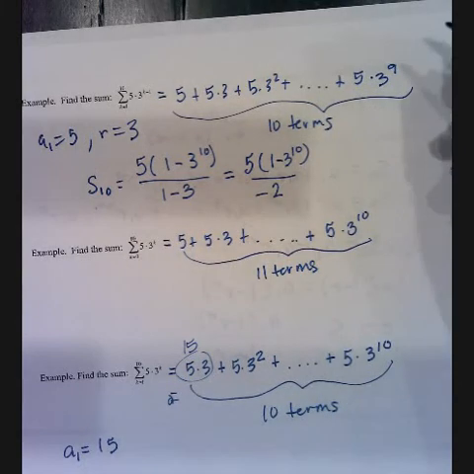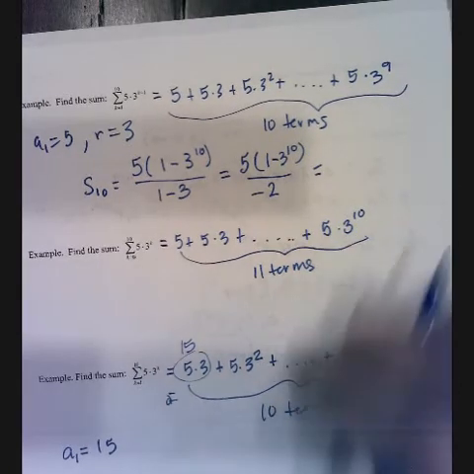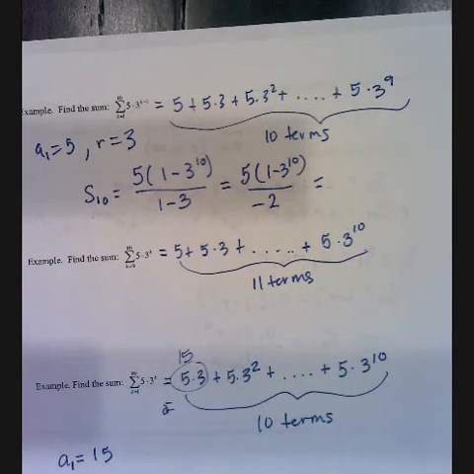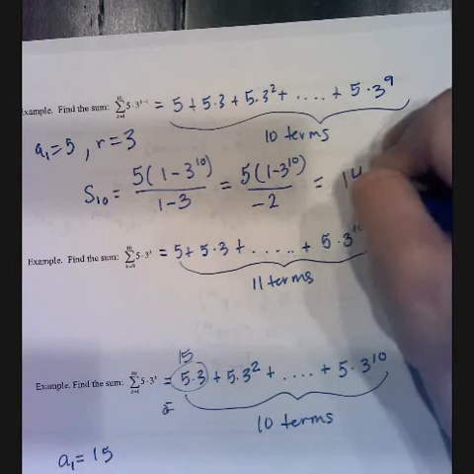But let's actually, for this one, get the answers. Just because they're similar, I want to be able to compare the numbers. So let's see, 5 times 1 minus 3 to the 10th, and then divided by negative 2. So this one is 147,620.